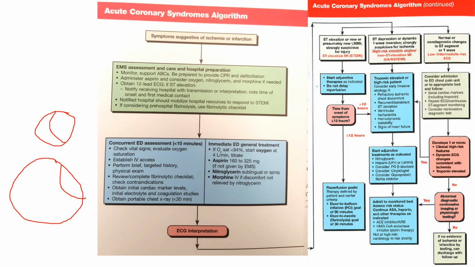Come down here. The time of onset of symptoms is less than 12 hours, so it's been less than 12 hours since it started. Then your goal is down here.